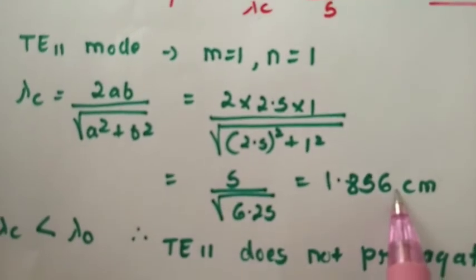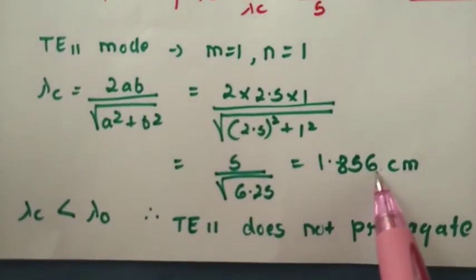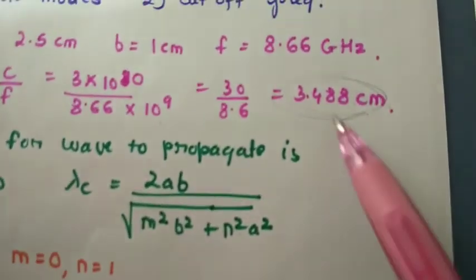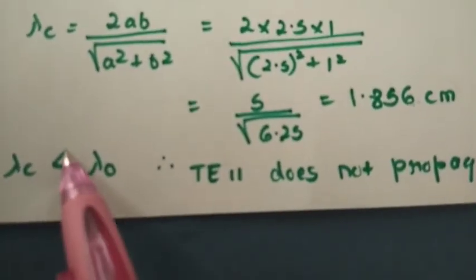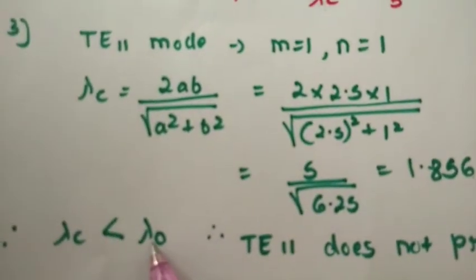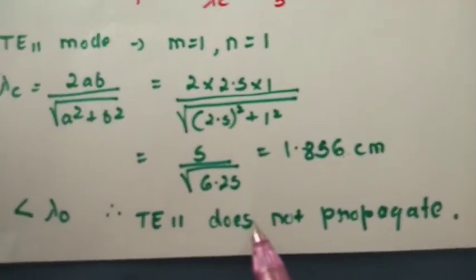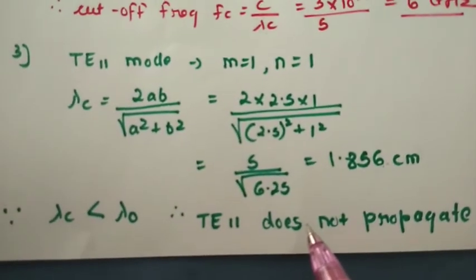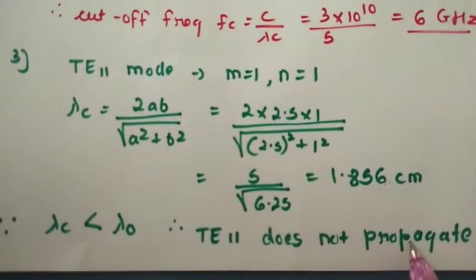Now this is again less than the operating wavelength which we have calculated, that is 3.488. So since this cutoff wavelength is less than the operating wavelength, TE11 mode is also not possible to propagate down the waveguide.